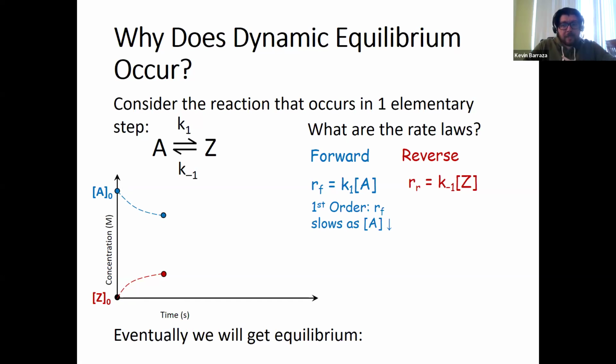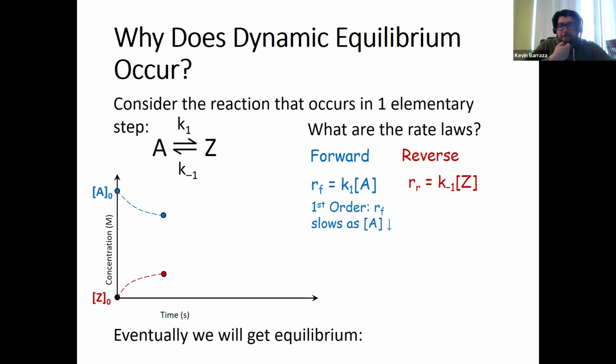But this is a reversible reaction, which means it can go backwards. So as this reaction goes forward, we are going to start making Z's. So the concentration of Z is going to go up. So again, according to first order, as the concentration of your Z goes up, the reverse process is going to get what?